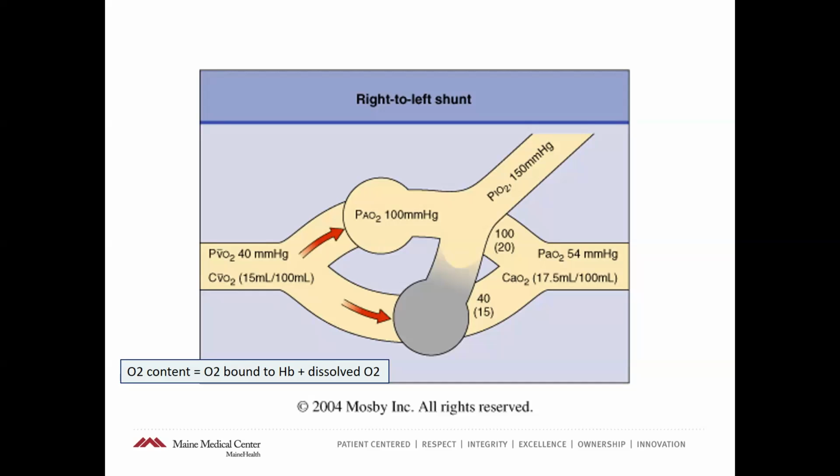So leaving the lungs, the blood coming out is going to be the mixture, the average of that 50-50 mix. But it's not the average of the PO2, it's the average of the oxygen content. If you follow me for just a second, oxygen content is O2 bound to hemoglobin plus the dissolved oxygen in the blood. The dissolved portion is trivial, so we'll leave that to the side. So it's really just the amount bound to hemoglobin, which you can calculate if you remember the equation, which none of us ever does.